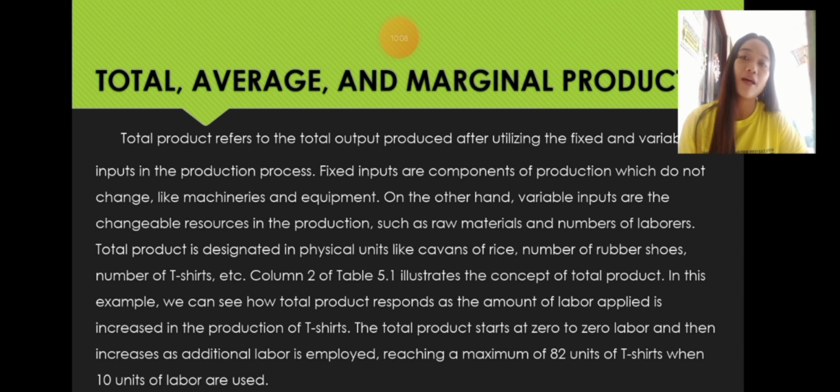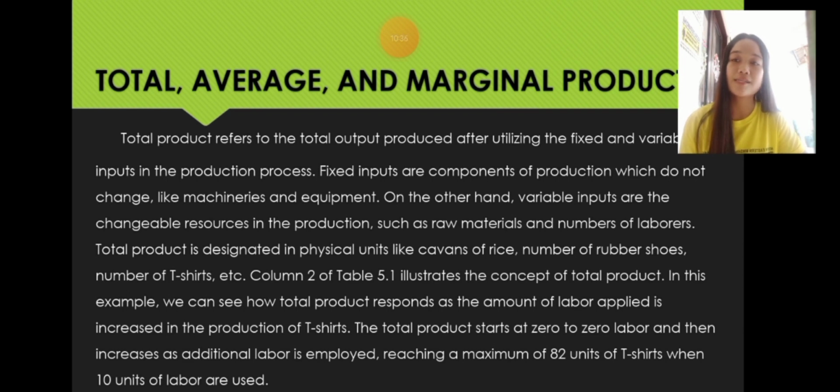On the other hand, variable inputs are the changeable resources in production, such as raw materials and numbers of laborers. So total product is designated in physical units like kaban of rice, numbers of rubber shoes, number of t-shirts, etc.